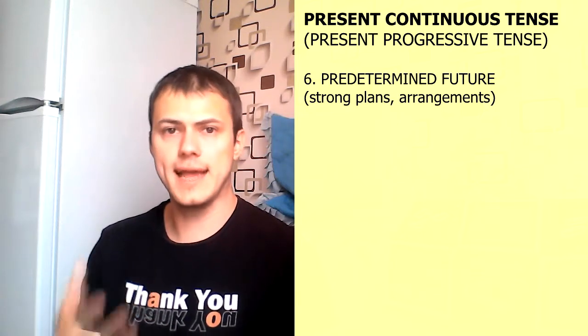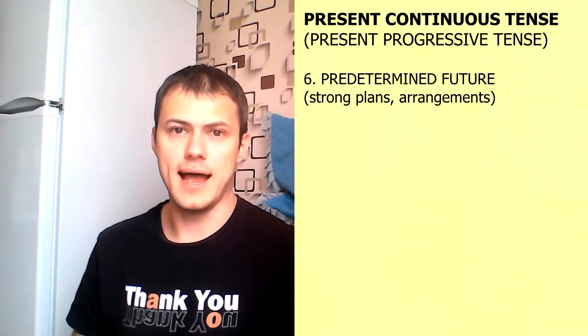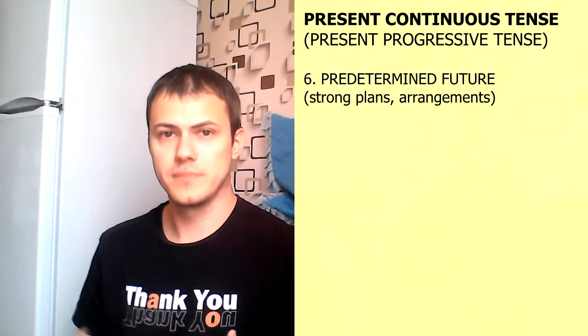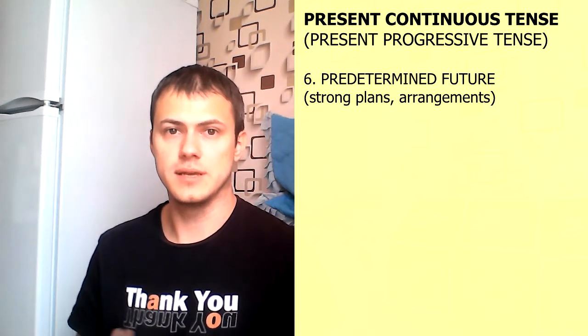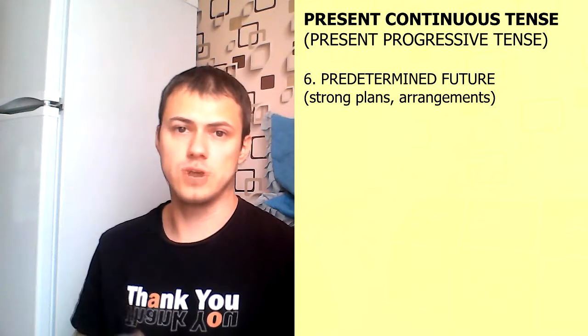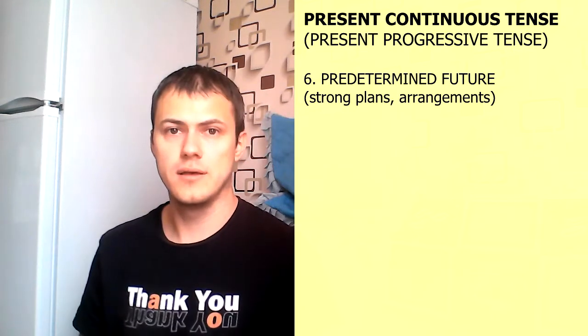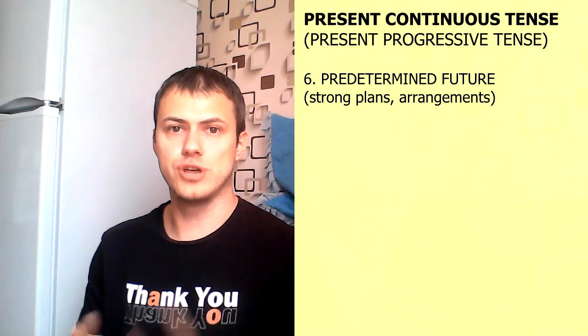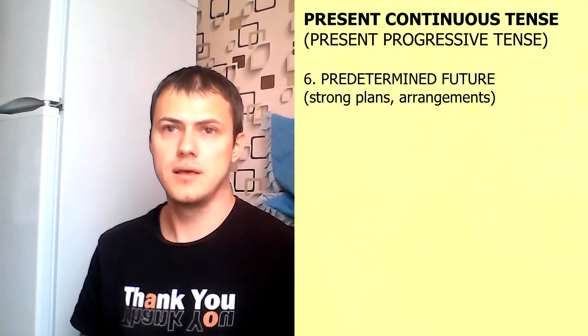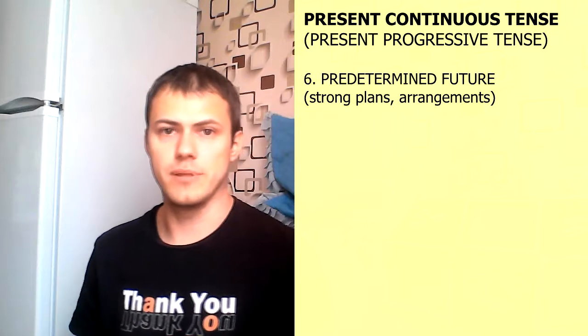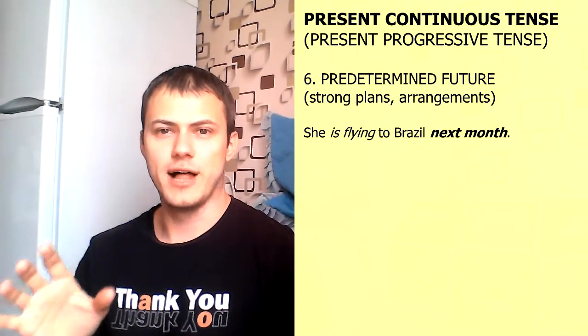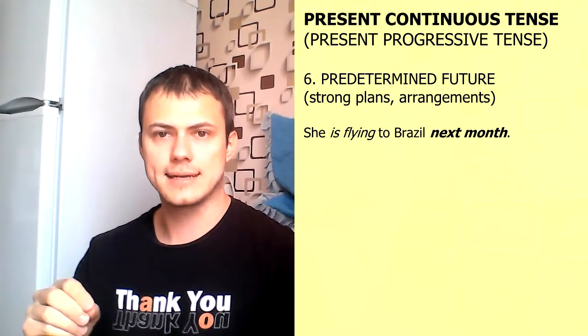But we often use the present continuous tense in situations when we are talking about future plans, future actions, and future physical activities. For example, she is flying to Brazil next month.